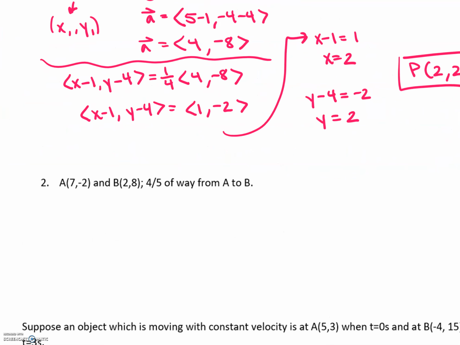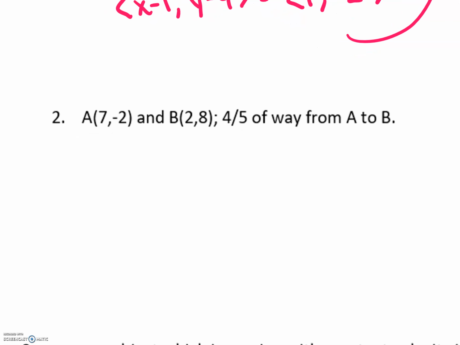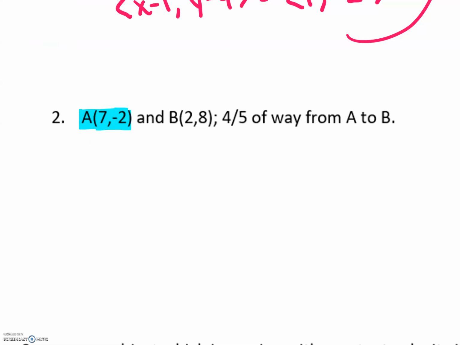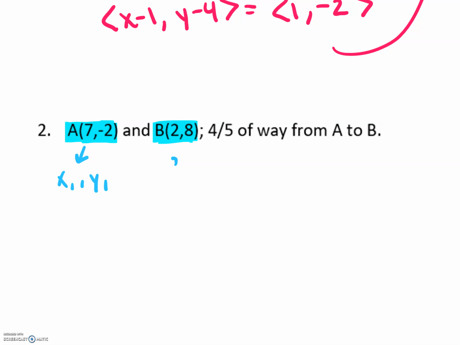Alright, let's take a look at another problem that's very similar. So again, it gives me a starting value of (7, -2), and it's going to (2, 8). So again, that's going to be my x1, y1. To find my direction vector, again, I'm going to subtract.